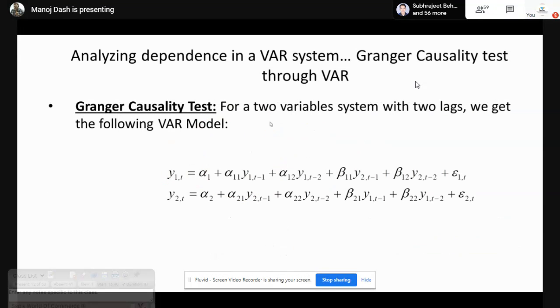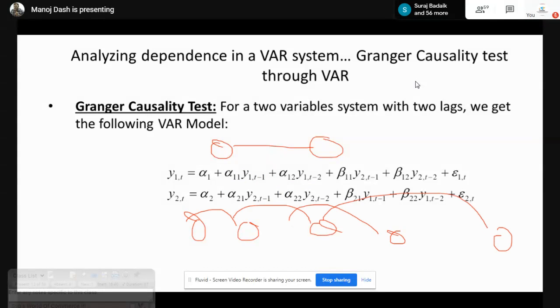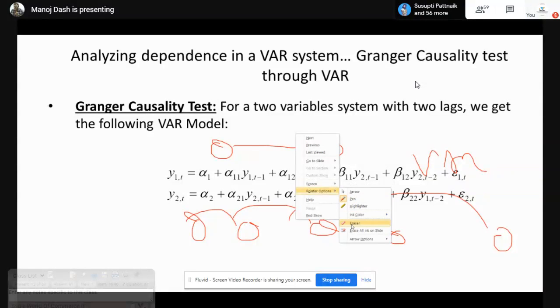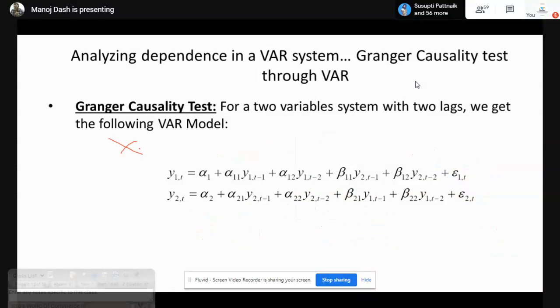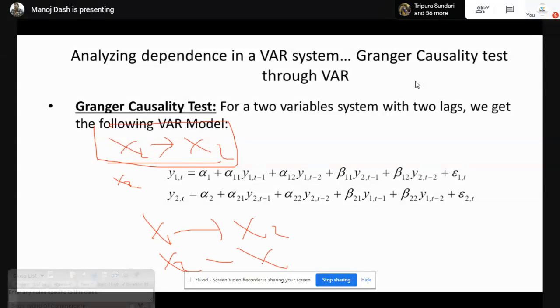What is Granger causality? What did we see? We were looking at two variables. You can measure causality with two variables. But if you have more than two variables, how can you take the causality? Now x1 and x2, two variables, we can go for the Granger causality test here, whether x1 causes x2 or x2 causes x1. Clear?